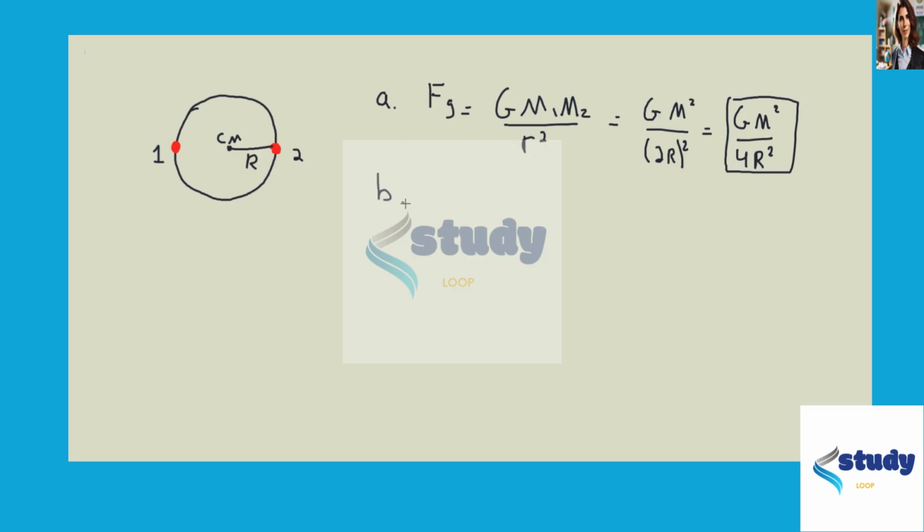Part B now asks us to find the orbital speed of each star, as well as the period. You might be tempted to use the equation we've used a ton this chapter, v equals the square root of 2G M over r, for the velocity, but this does not work here.